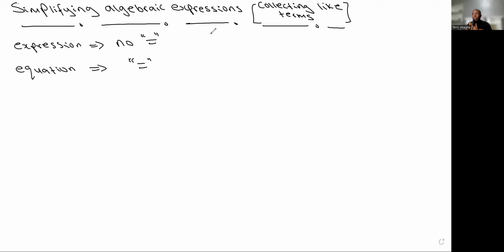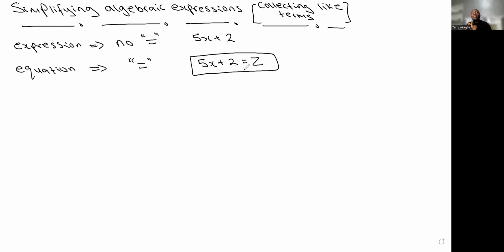So for instance, say we have 5x plus 2. This is an expression. But when you have 5x plus 2 is equal to z, this is an equation. The first one is an expression because there's no equal to sign.